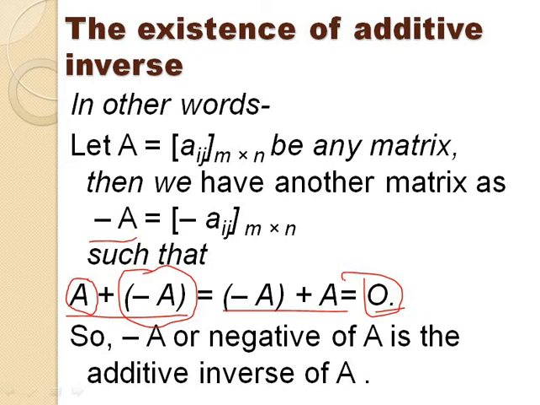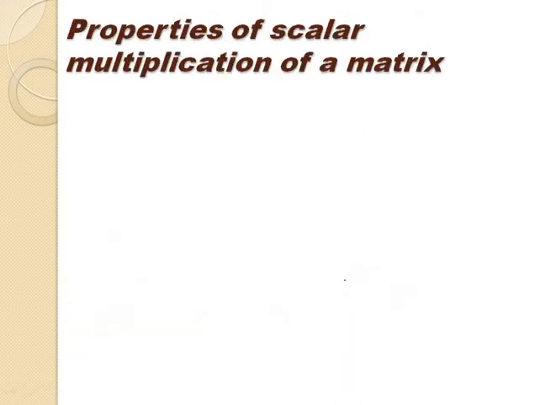So minus A, or negative of A, is the additive inverse of A. These things you will have to keep in mind while solving problems. We will not be discussing how it happens, but you will have to know each and everything.